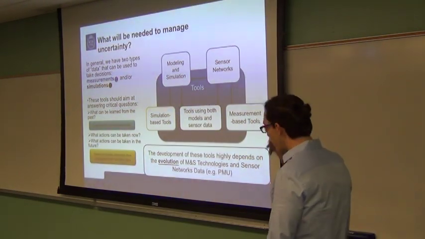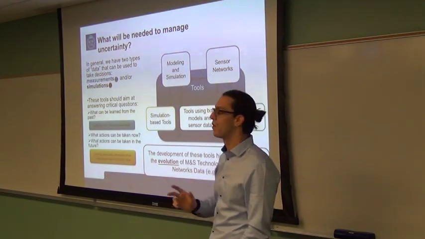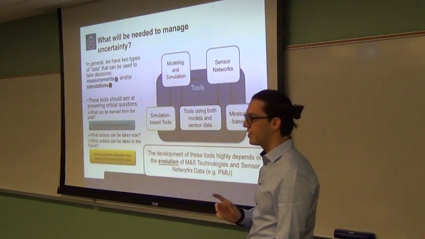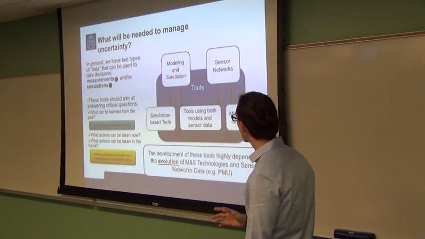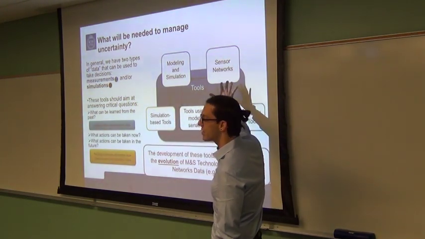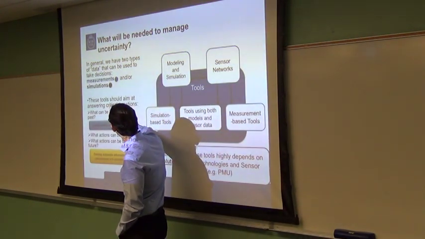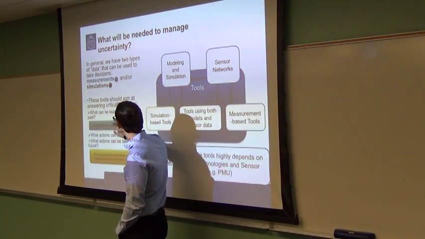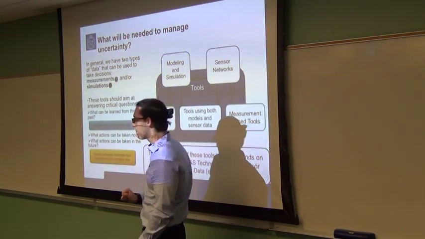So how will we manage uncertainty? We will have two types of data that we can use to take decisions. Basically we will use measurements and or simulations, working with modeling and simulation tools, and working with sensor networks. And these tools should aim at answering critical questions that could be learned from the past. That will be learning from measurement data.